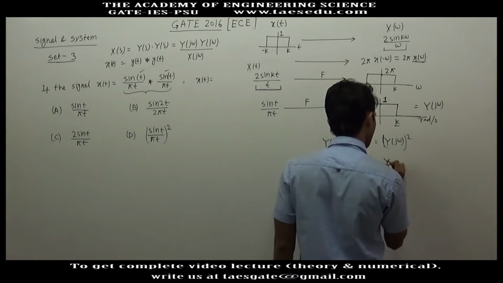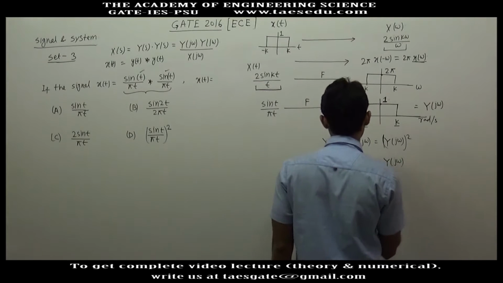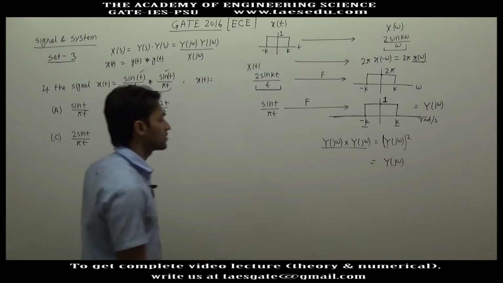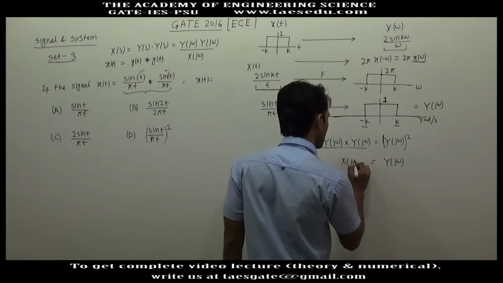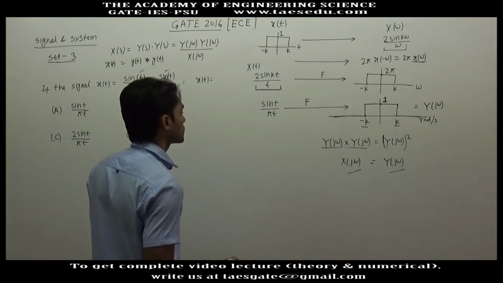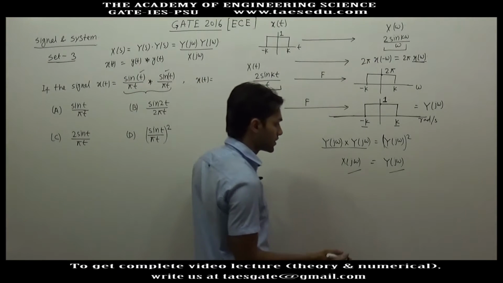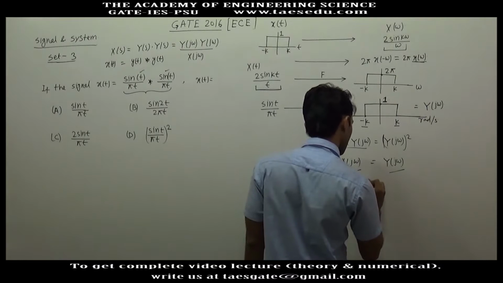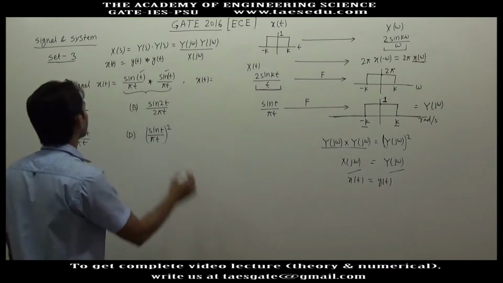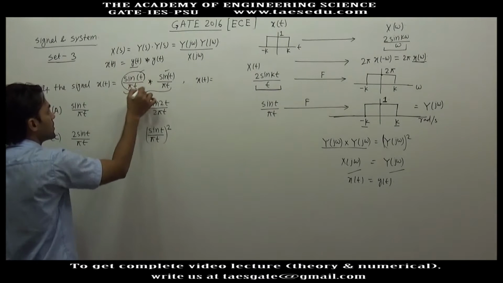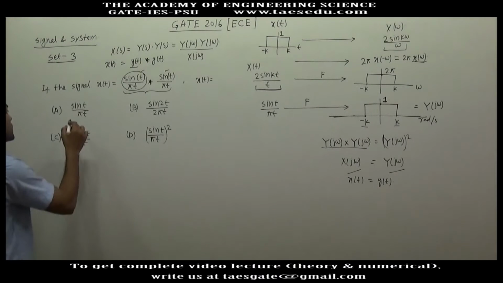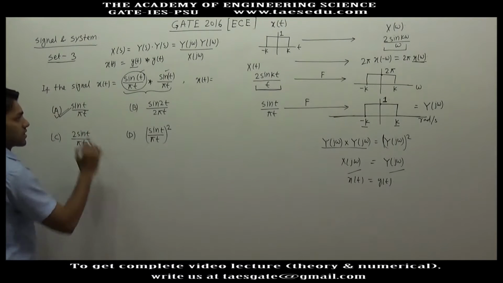So basically you will get the same function Y(j omega), and that is nothing but X(j omega). So X(j omega) is equal to Y(j omega). Now if you take the inverse Fourier transform, x(t) will be equal to y(t), and y(t) is sin t divided by pi t. So x(t) will again be sin t divided by pi t. That option will be correct.